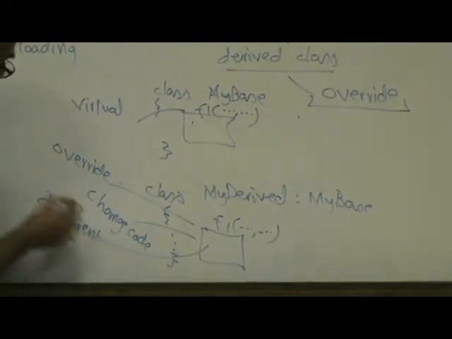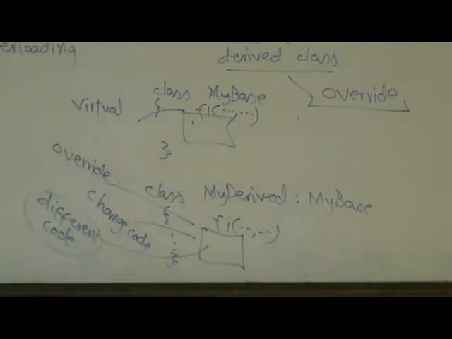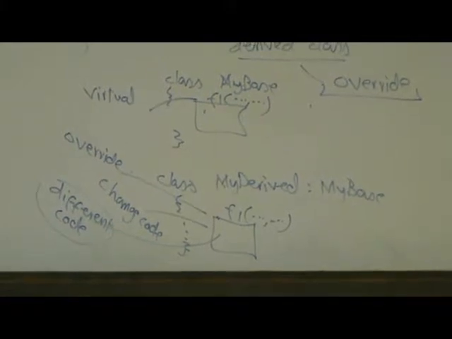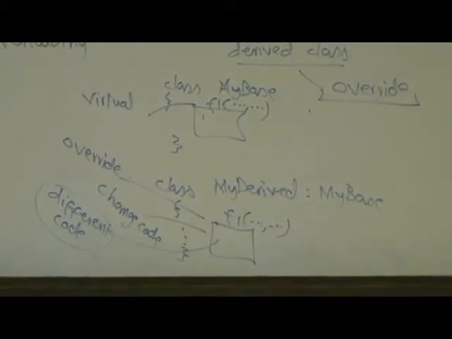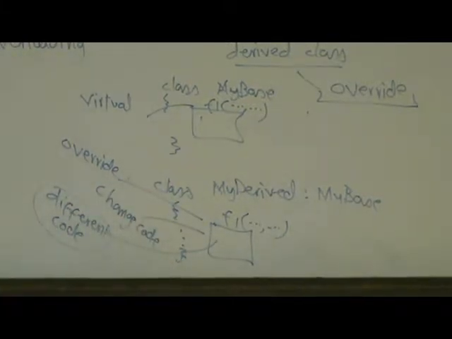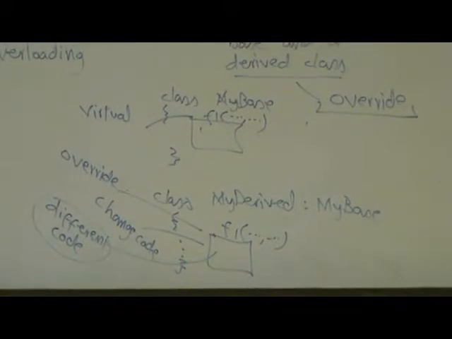So unlike overloading, where the parameters are different, in overriding the parameters are 100% the same. The name of the function is the same, parameters are the same, but the code inside the function is different. So that's another form of polymorphism.